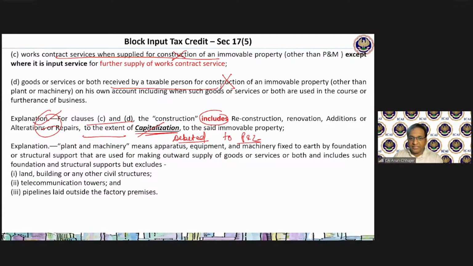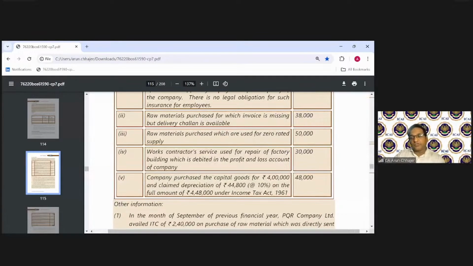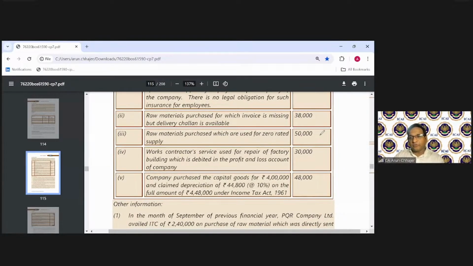So, Pradeep, Bablu, Mansa, Vibhor, everyone is clear? Let's move further. The company purchased the capital goods. So as of now, we talked about 50,000, 30,000. Company purchased the capital goods for rupees 4 lakh and claimed the depreciation of 44,000.